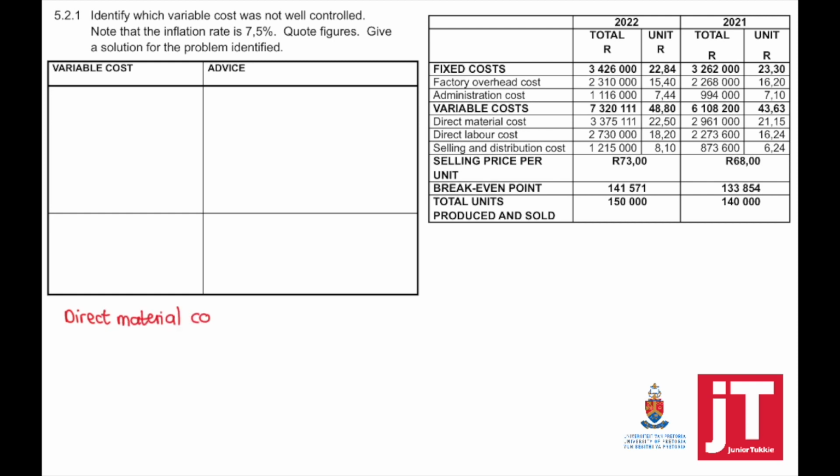So we start by looking at direct material cost to find out the percentage by how much it actually increased. If it decreased, that is a positive. We want to see which ones was not well controlled. So if I look at direct material cost, the difference divided by the 2021 figure, which is R21.15, means that the direct material cost increased by 6.4%.